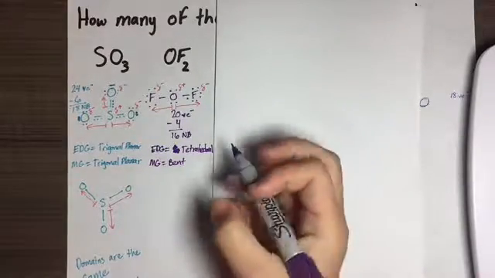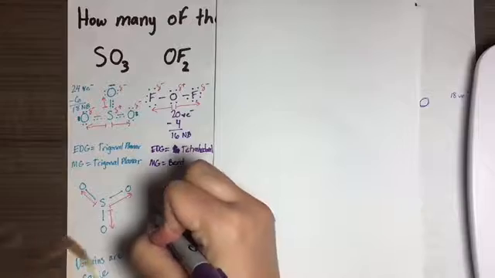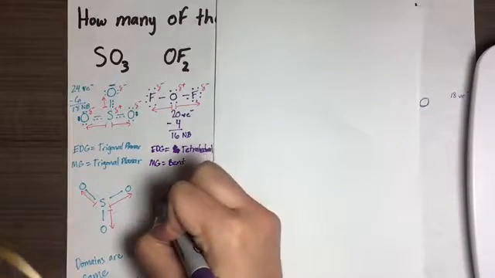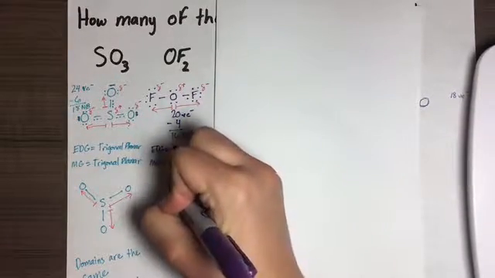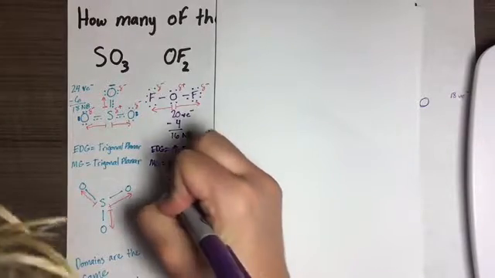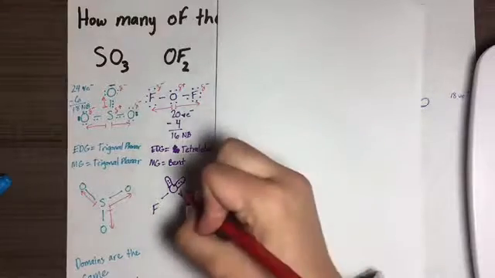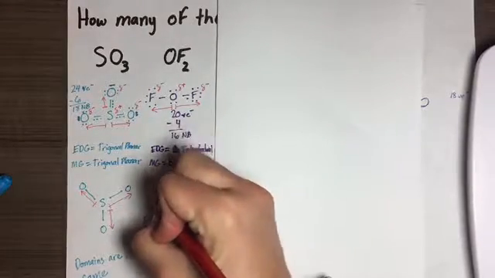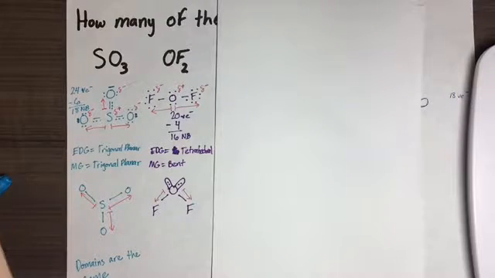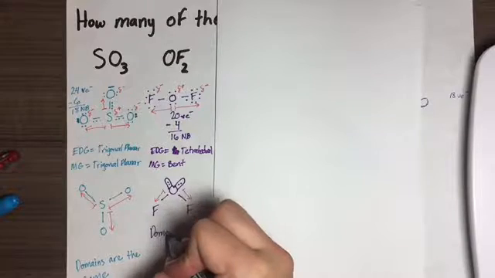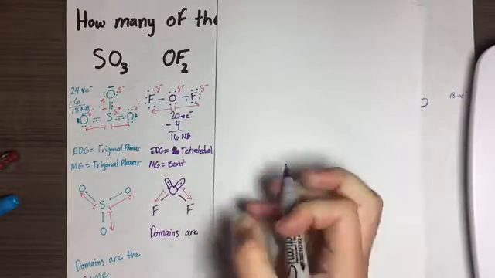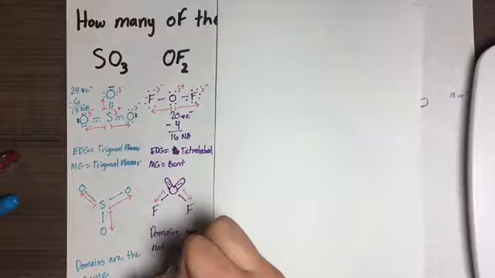So we're going to draw this out. We have our oxygen, our fluorine here, then we have our two non-bonding pairs here, and we have our dipoles going toward our fluorine. This one is different because the domains are not the same.